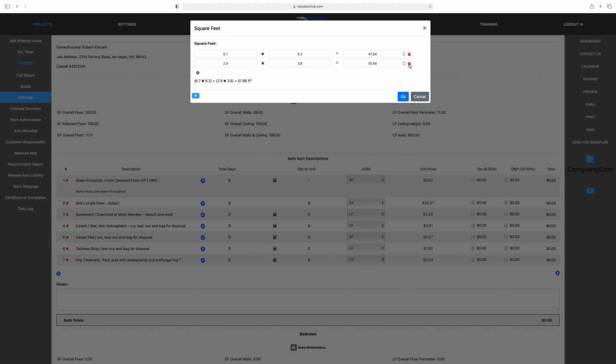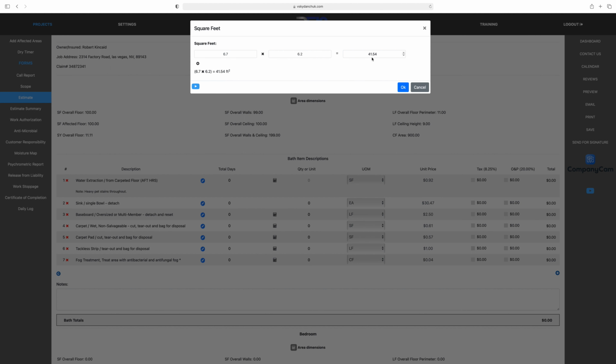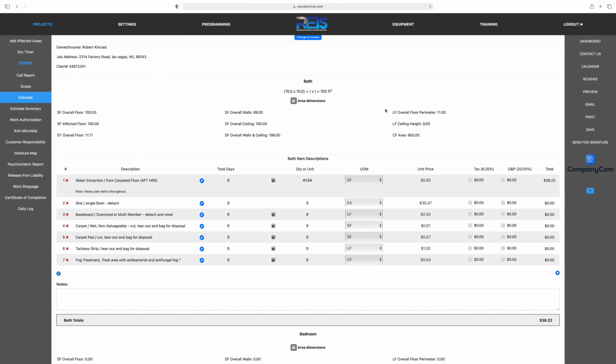Incidentally, if you want to remove one of these, you simply click right there and we'll just leave it at that calculation. So are you happy with this? Yes, I'm happy with this. I'm going to click OK. And look, it came over here automatically through the calculator. The unit price was also calculated with the quantity or unit.